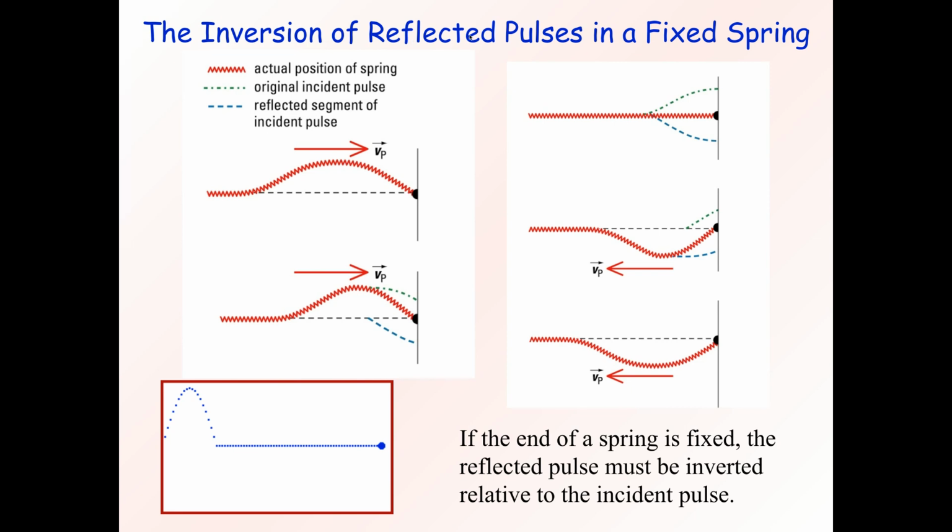The inversion of a reflected pulse in a fixed spring. In this one, the spring is fixed against this wall. This is the actual spring position, and the green dots are the original incident pulse, and the blue dots are the reflected segment of the pulse.